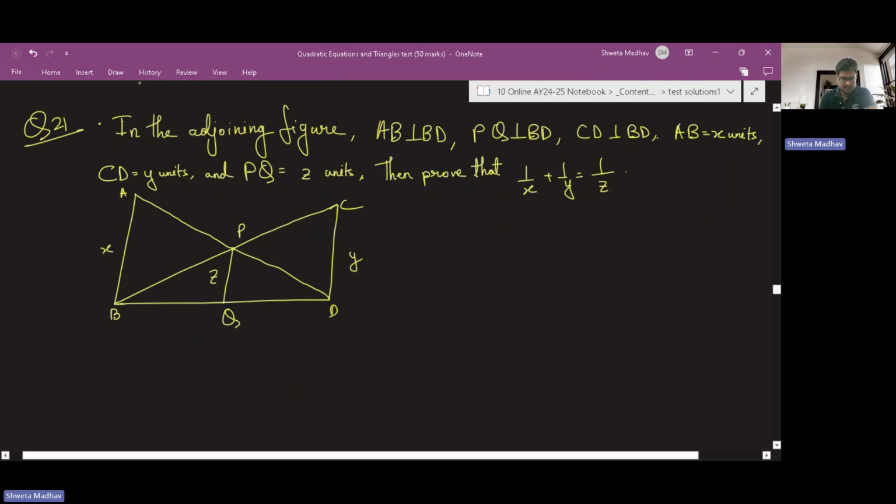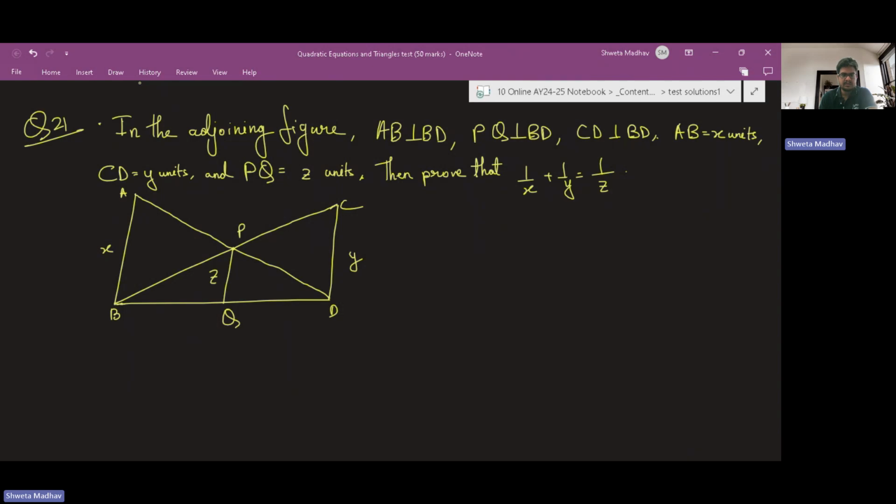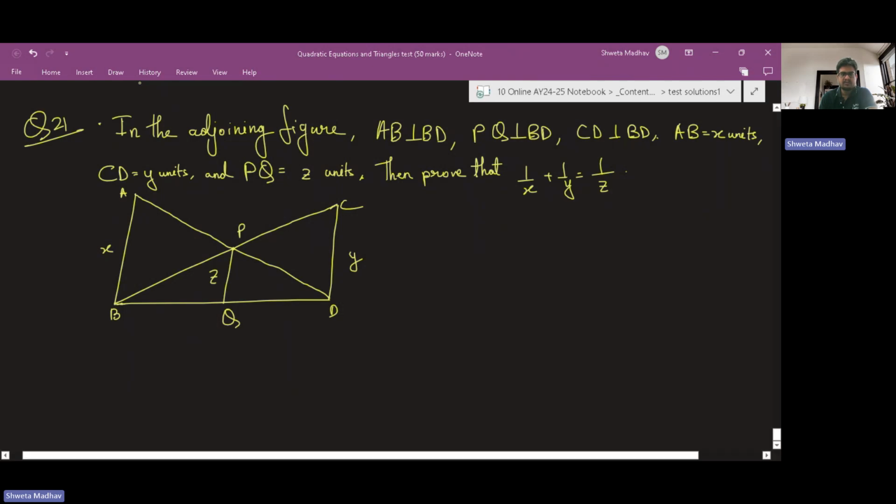So here AB is perpendicular to BD, and PQ is also perpendicular to BD, CD is also perpendicular to BD, so it means that I can say, therefore AB is parallel to PQ, which is parallel to CD. Since why?